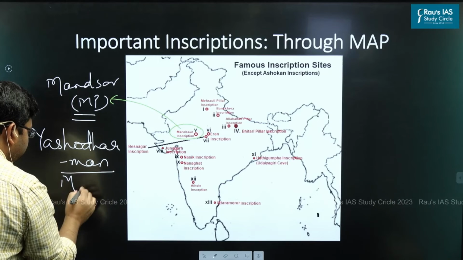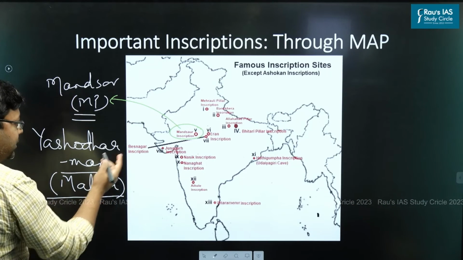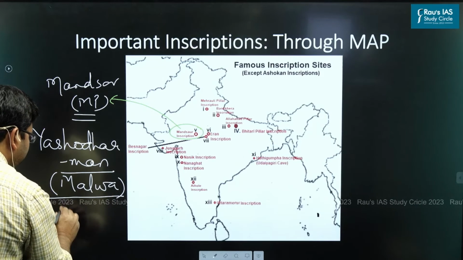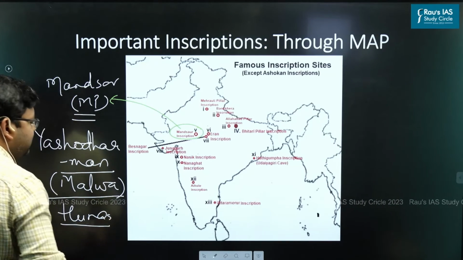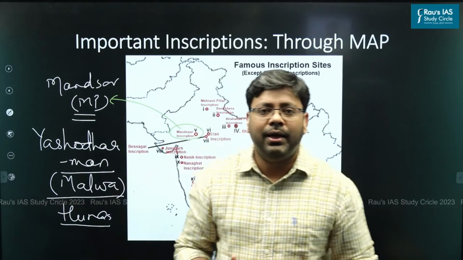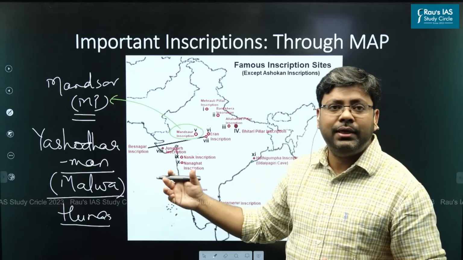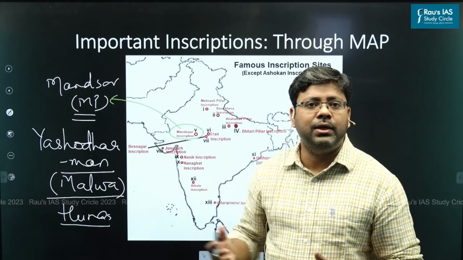Yashodharman was a famous ruler of Malwa, and we get the description in the Mandsaur inscription that he defeated the Hunas. Just now we discussed that the Hunas were an invading Central Asian tribe, and by the end of ancient times, the entire North India was getting destabilized because of the attacks of the Hunas.